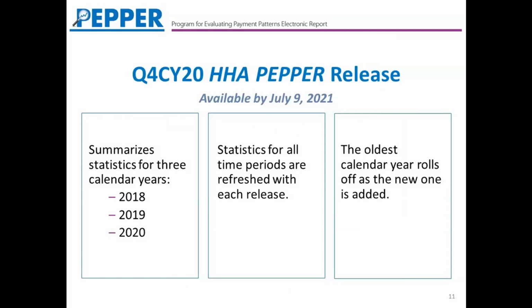And that would be expected because the refreshed statistics are going to reflect any corrected claims that might have been submitted, any late claims, those types of things. So there may be some slight differences in those numerator and denominator counts. And each time we produce a PEPPER, the oldest calendar year rolls off as we add the new one on.